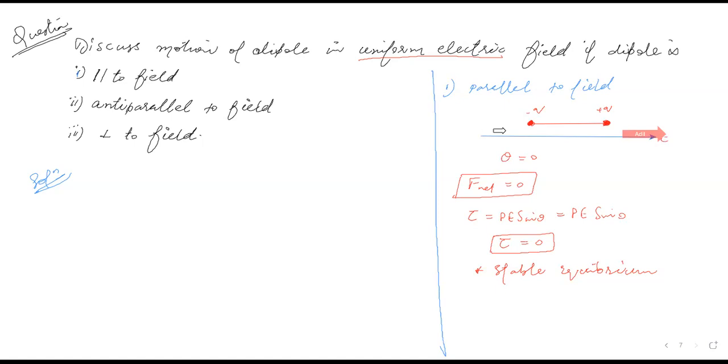So the angle will be 180 degrees, right? Yes, sir. The direction of the dipole is here, P, from negative to positive. Now it is your field. In this case, your theta is 180.